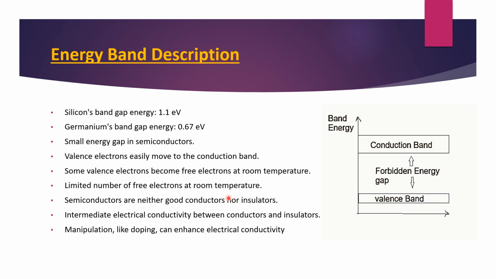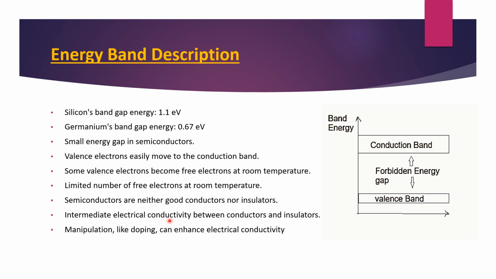So as we move away from the nucleus, the electron becomes more prone to move into the conduction band. That's why germanium band gap energy is less than that of silicon. I hope you got the explanation. This is the forbidden gap, that's what we are talking about, the silicon band gap and germanium band gap.